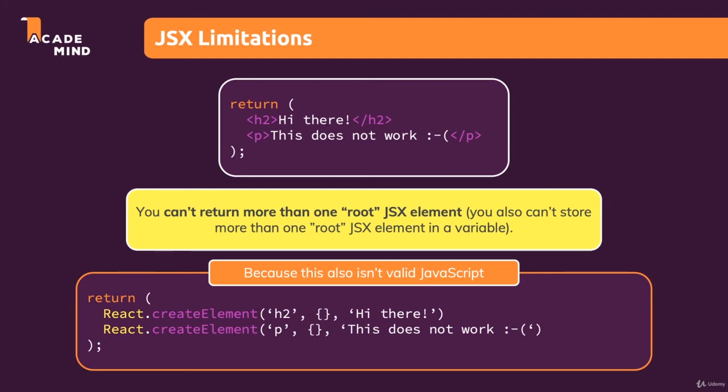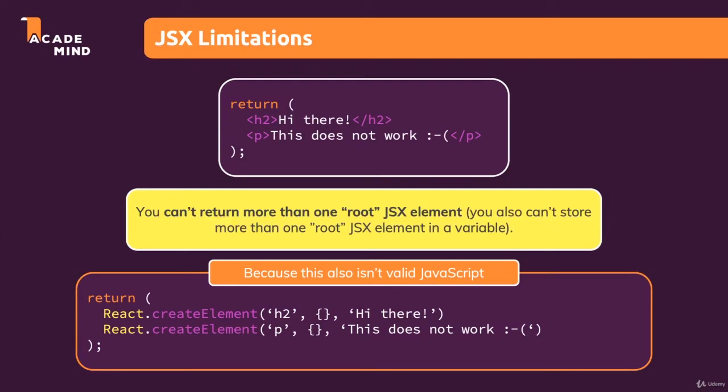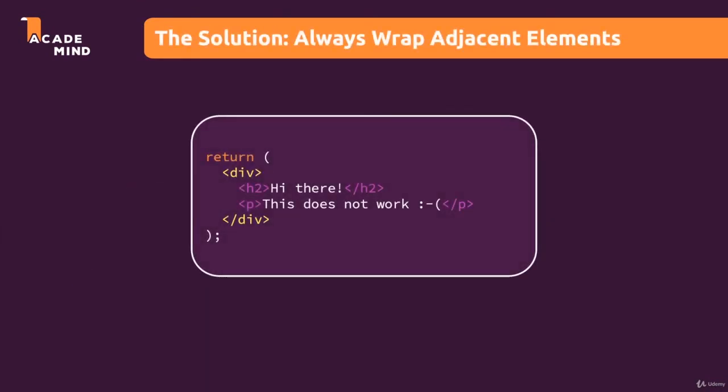Now, how can we work around that? There is one solution, and actually we can already use that solution here in that add user component in that provided project which you find attached. Here I do have a wrapping div, and that is a workaround. You can solve this problem by simply wrapping the adjacent elements with a div.